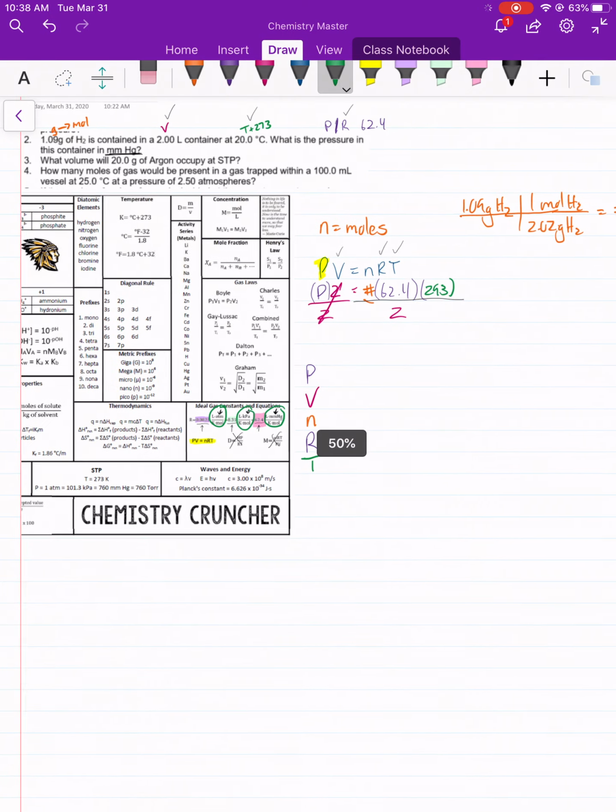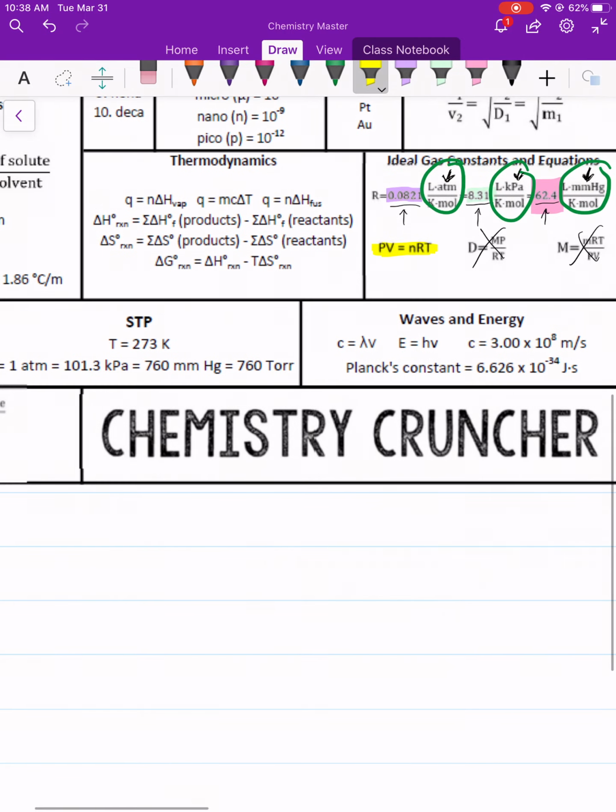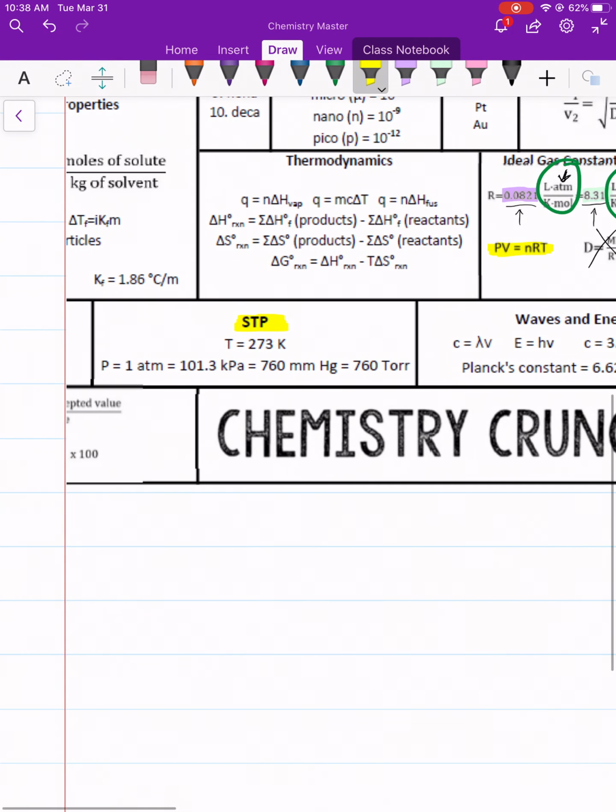They're looking for, on number 3, they said what volume. So we know that's what we're looking for. So this is our X, or our question mark. Okay. All right. They didn't say a particular unit of pressure, so we can really use any pressure. If you see STP, standard temperature and pressure, that's right here in this box.